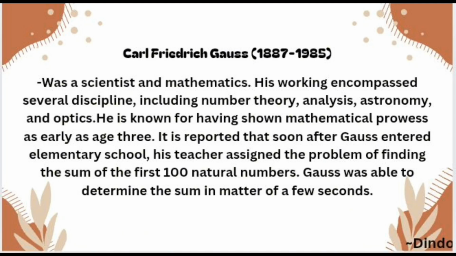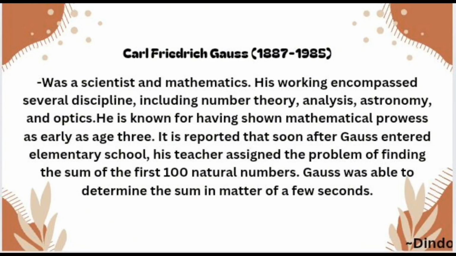So that is analysis. Astronomy is the study of celestial objects, their positions, movements, and the physical processes that govern them. And lastly is optics, the study of light and its behavior, including its reflection, refraction, diffraction, and polarization.